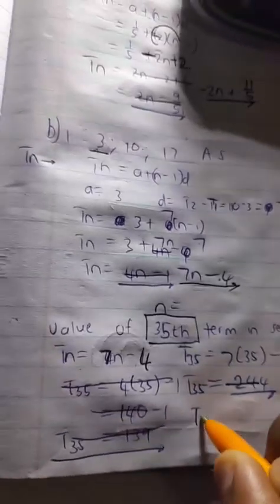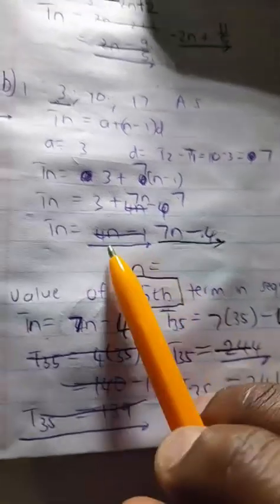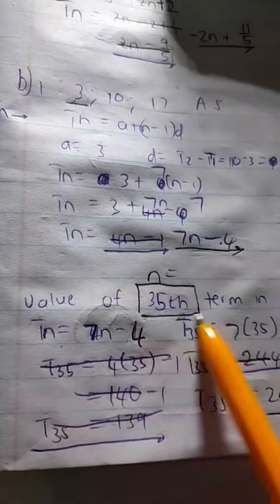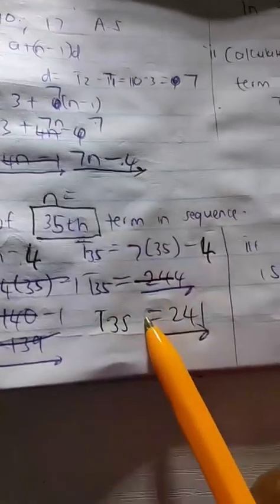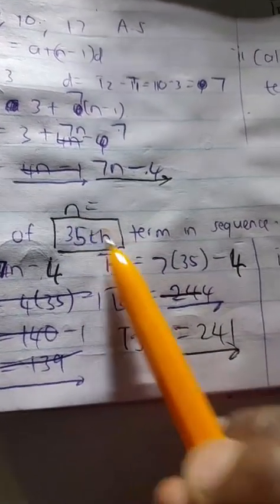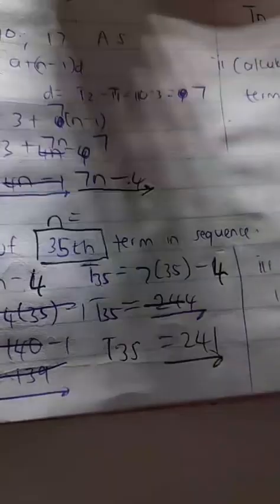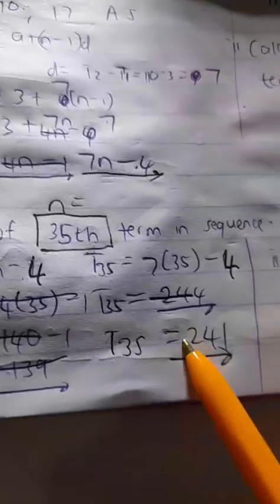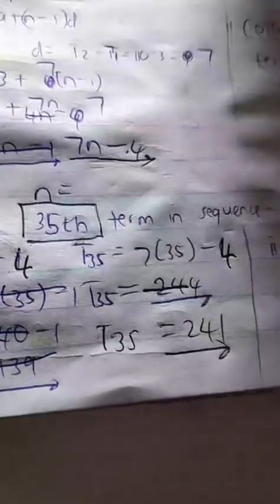So our answer is 241. This is when we are asked to find the 35th term, or the value of the 35th term. We substitute this in the place of n and we find the value. It's 241. This is the value that occupies the 35th position in the sequence.